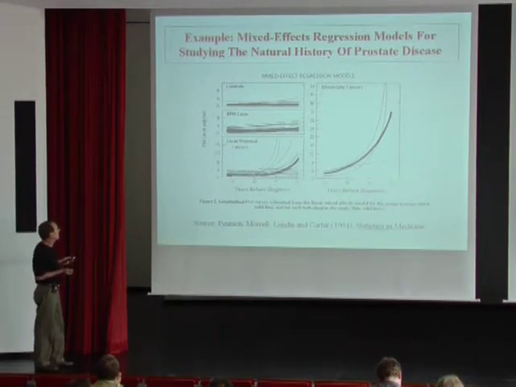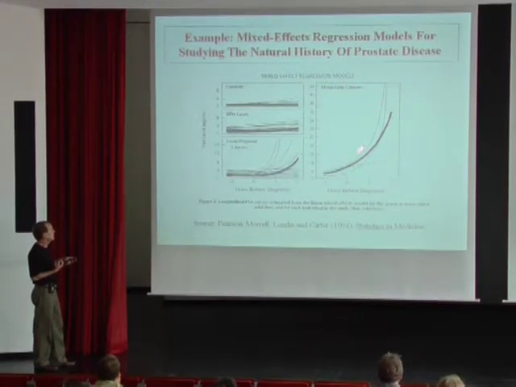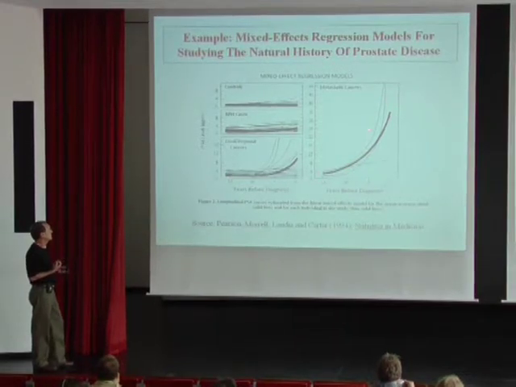And then when development is going towards cancers, then the linear development changes into exponential development with rapid growth in PSA. And finally, when the cancer has spread, you have an even steeper exponential increase.